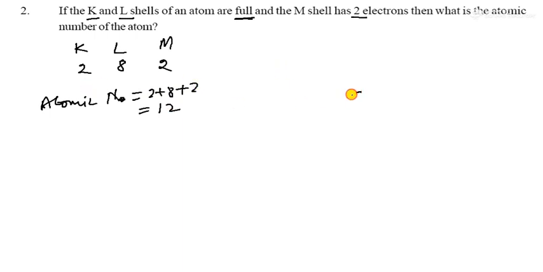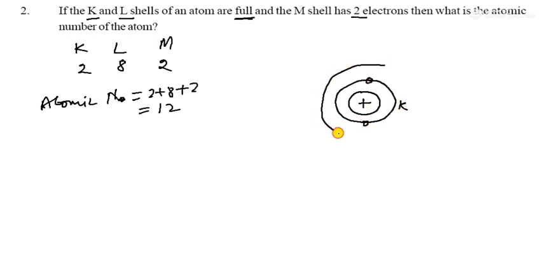So you can say it is like this. It is the nucleus and the nucleus has positive charge, and the first orbit, which orbit is it? It is K. It has only 2 electrons revolving around the nucleus. And what about the next orbit? It is called the L orbit. So there are 8 electrons, 1, 2, 3, 4, 5, 6, 7 and 8 electrons.